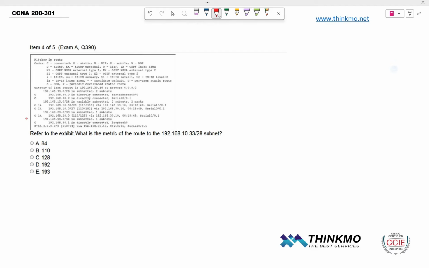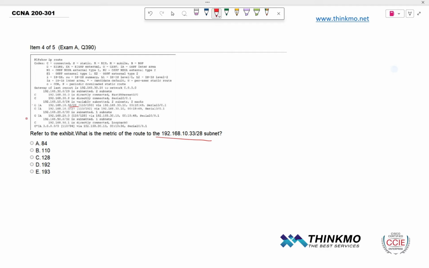To reach this subnet, let's see, there are only two matches here, which are these two OIA, OSPF inter-area routes. As for these two routes, we choose this one. The one with the longest network prefix is this one. Actually, it's this 28-bit one.